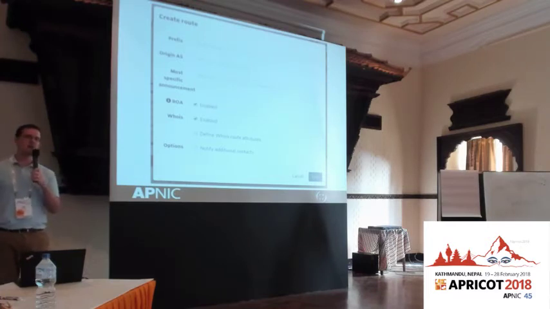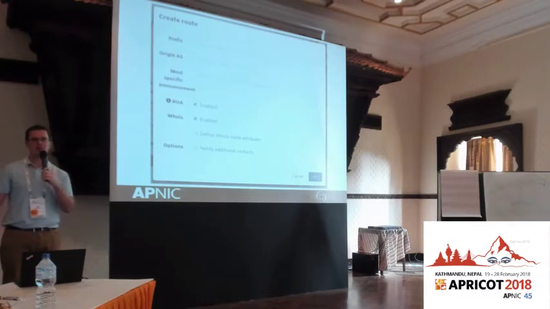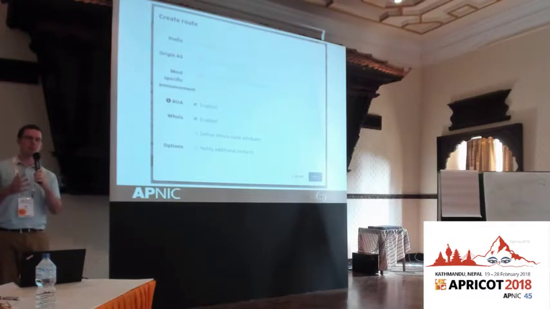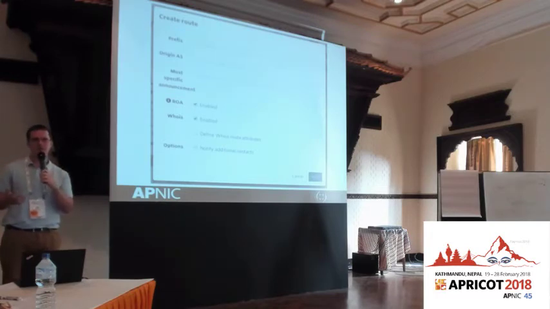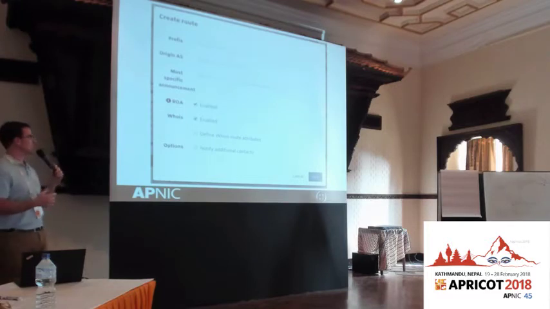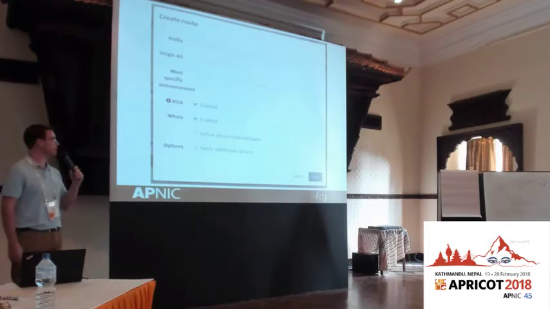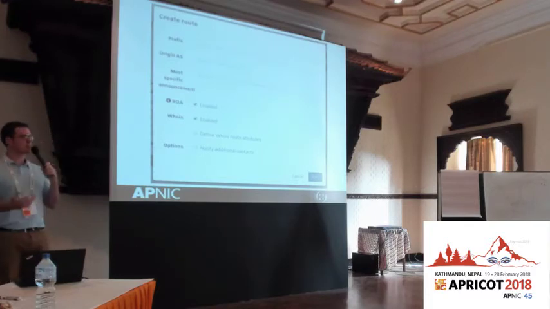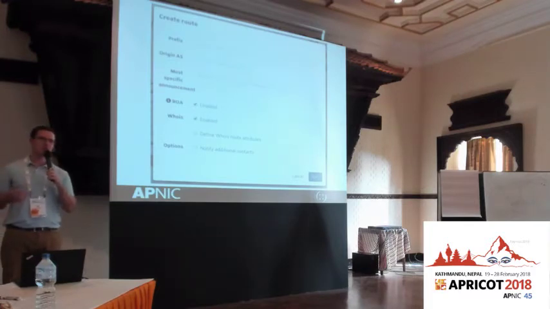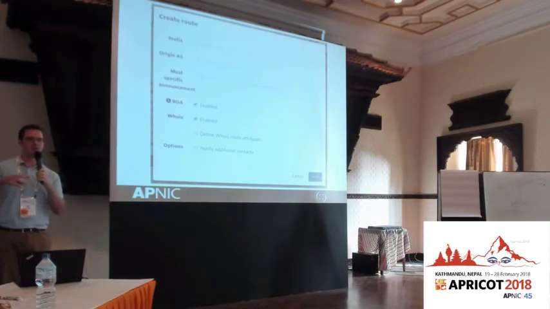So RPKI has this concept of max length that Sophia talked about, where you have a prefix for, say, a /22, but you want to be able to announce the /24s that are part of that /22. So if you set the max length to 24 for a ROA, then those routes will be allowed. This system emulates that same sort of behavior in Whois by creating each of the individual route objects that are required to make that same thing happen.